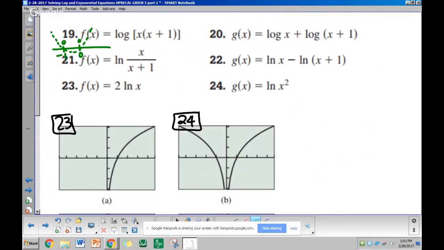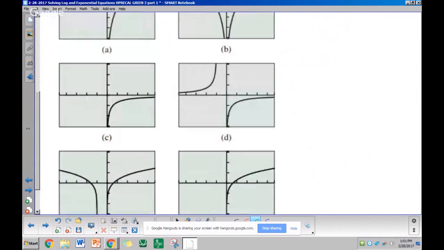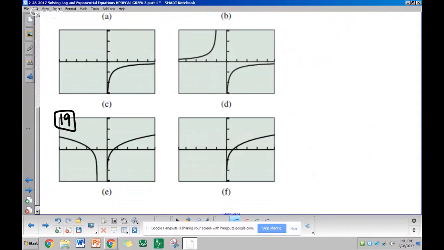So the log can only be of positive numbers. So the domain on this one is negative infinity to negative 1, the union with 0 to infinity. So it's going to be E. Do you agree? Yes. So this one is 19.